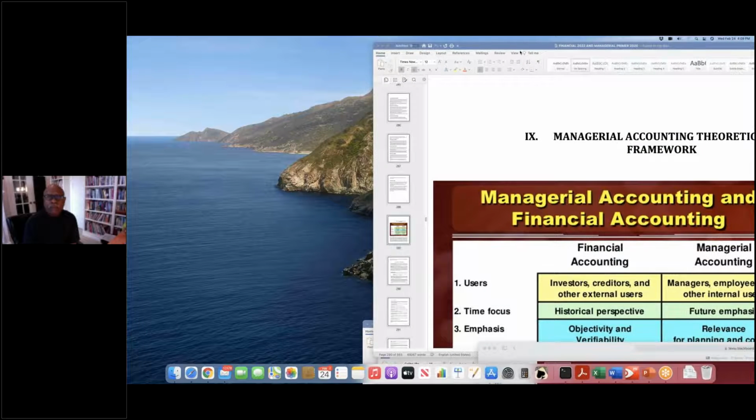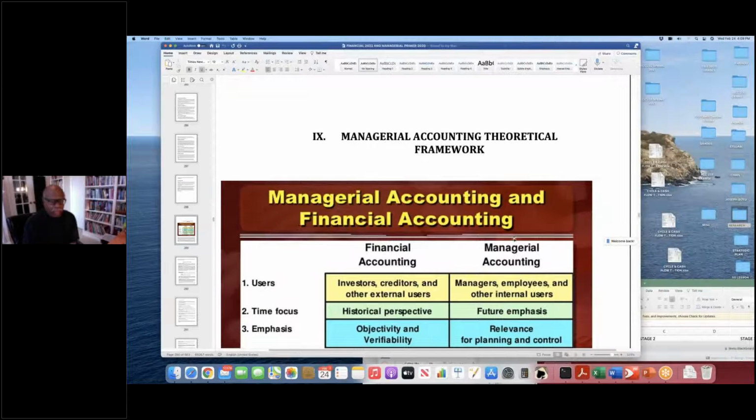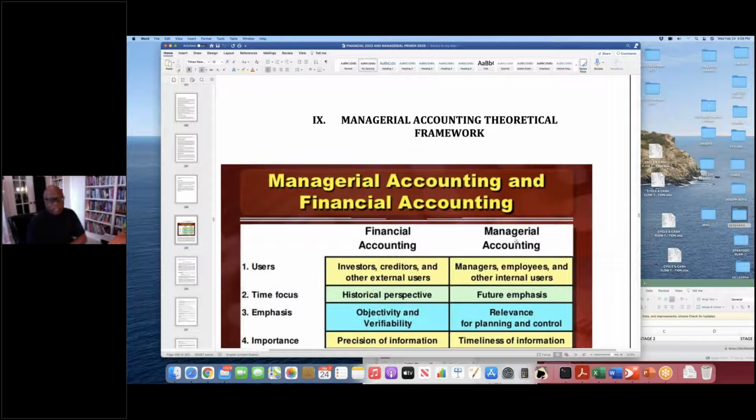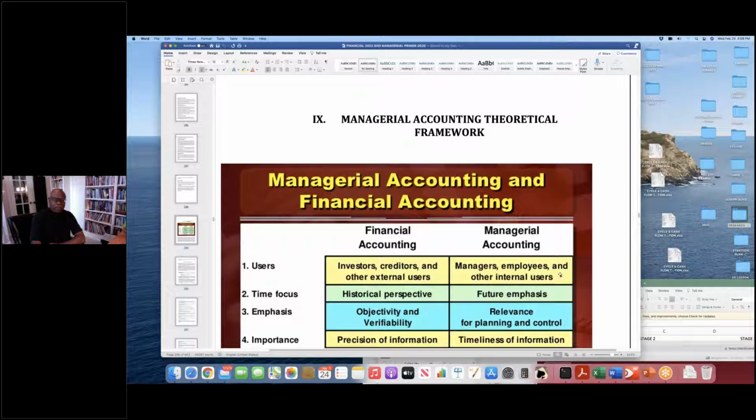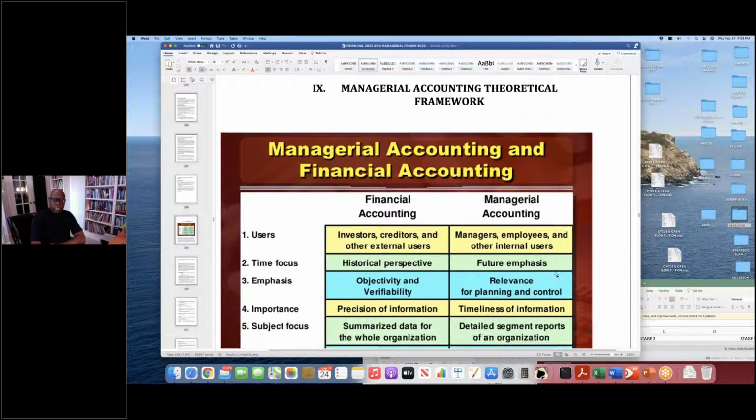Okay, we began last time on managerial accounting. And if we look at the screen, we talked about the fact that managerial accounting, different from financial accounting, was for internal use for managers, employees, etc., as opposed to external use.